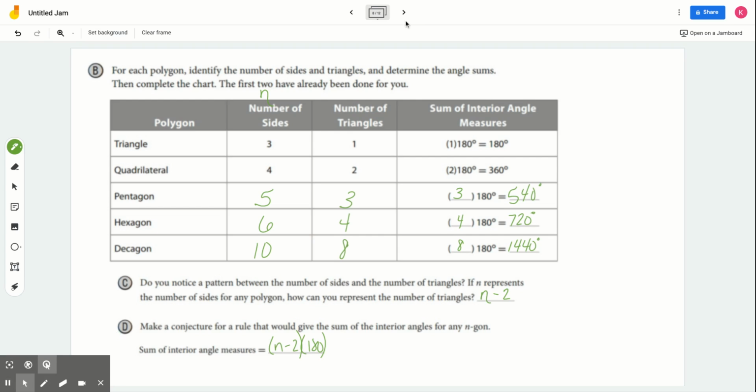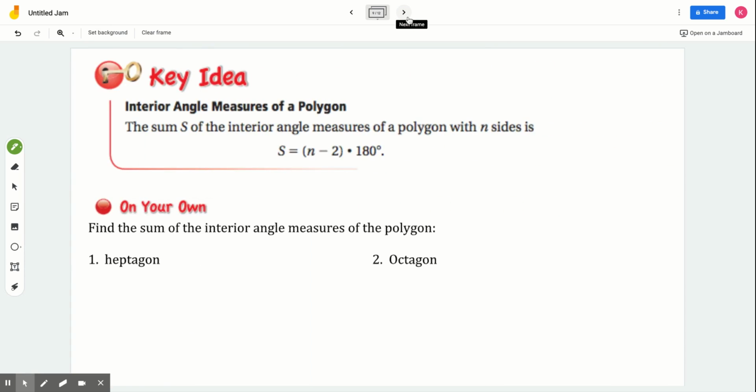Given this information, we can now use this rule to help us solve problems. So the sum, or S, of the interior angle measures of a polygon with n sides is S equals n minus 2 times 180, where n is the number of sides.